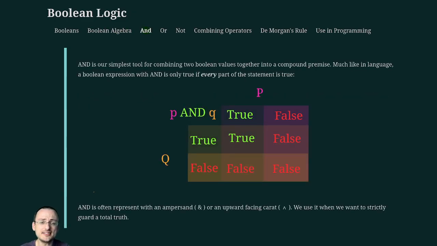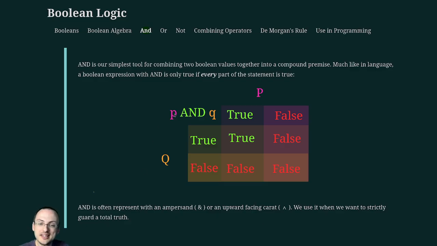And is in some ways the simplest tool for combining Boolean values. It takes a very similar role to the one it does in language: it combines two different Boolean values, and the answer is only going to be true if every part of the inputs is true.